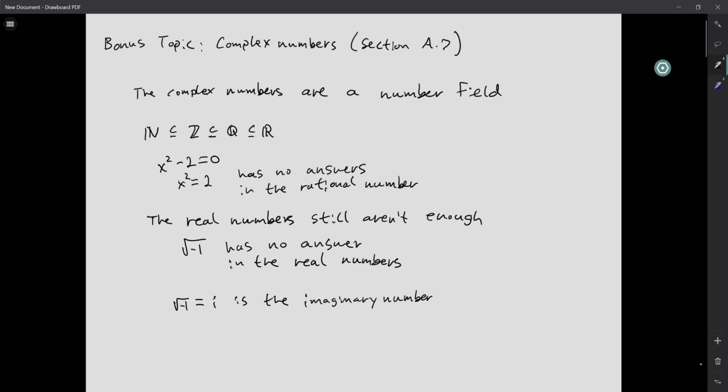And once I include the imaginary number into the set of real numbers, I immediately get the complex numbers simply by making sure I do cover all of the things that I can build with it.